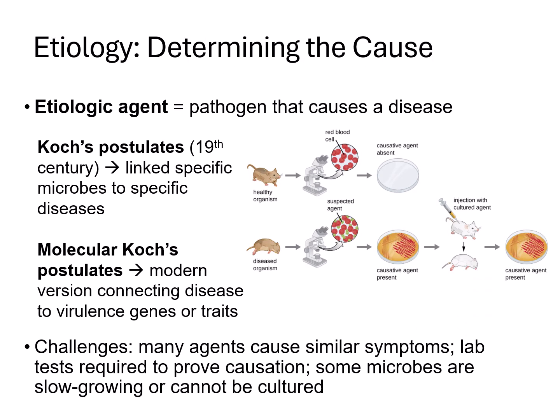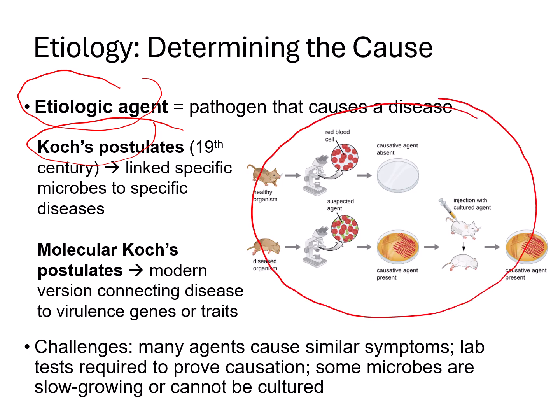Etiology means defining the specific pathogen or etiologic agent that's causing the disease. And Koch's postulates, as we saw previously in Chapter 15, historically linked microbes to specific diseases, but the modern molecular versions rely on evidence at the level of genes or traits.